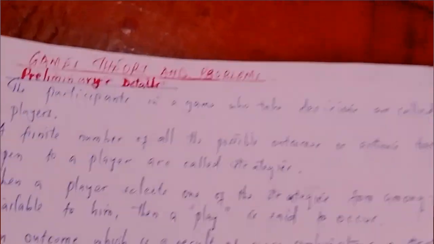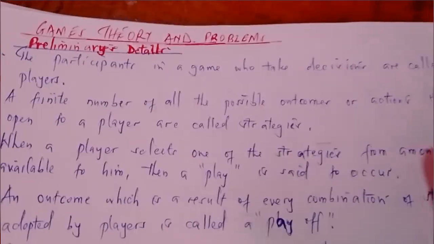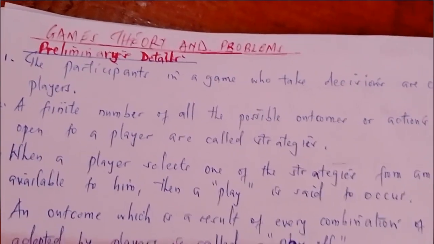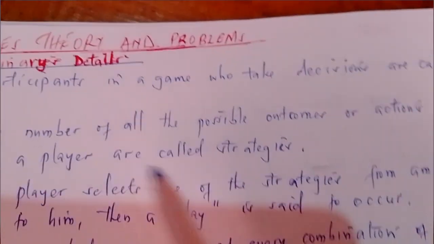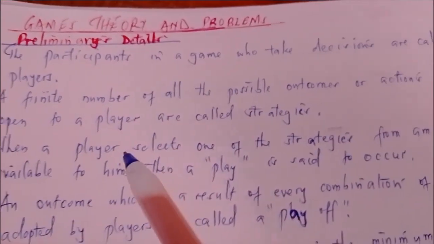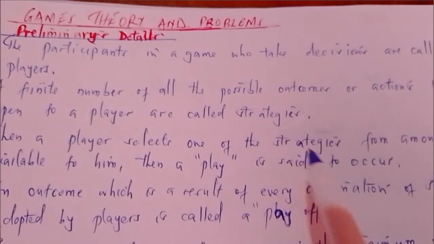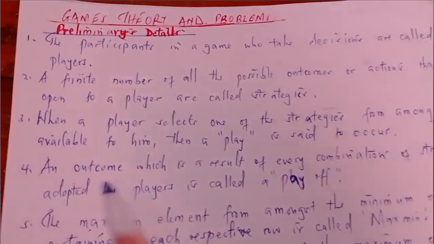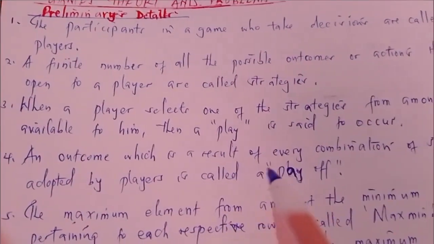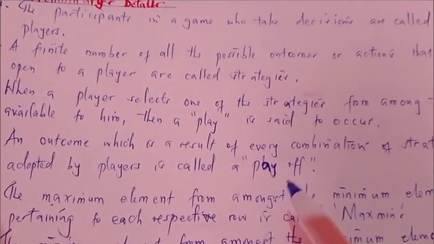So let's start by understanding the preliminary details under game theory and problems. Number one, the participants in a game who take decisions are called players, and the finite number of all the possible outcomes or actions that are open to a player are called strategies. Number three, when a player selects one of the strategies from among those available to him, then a play is said to occur.